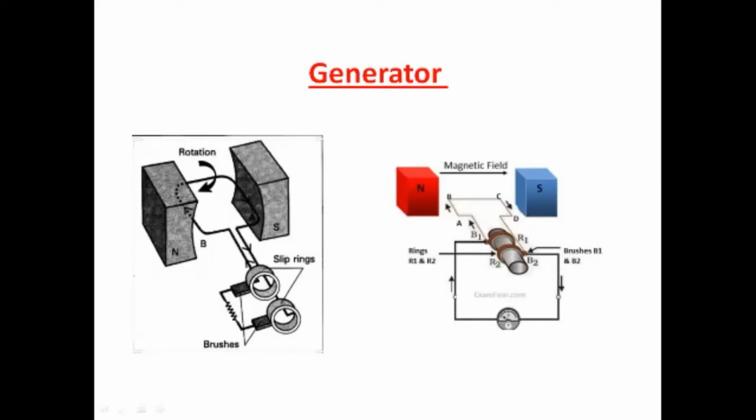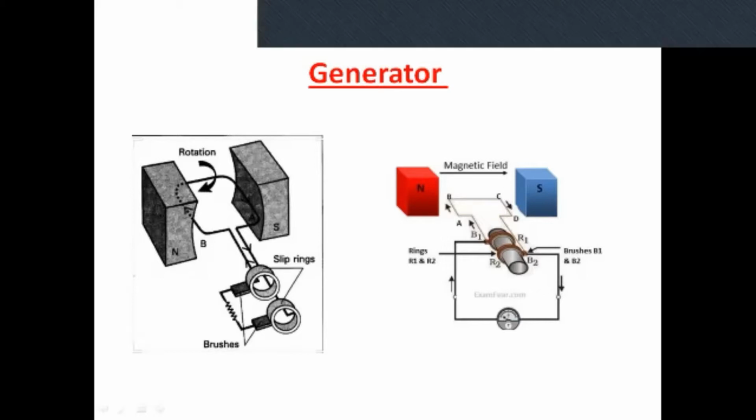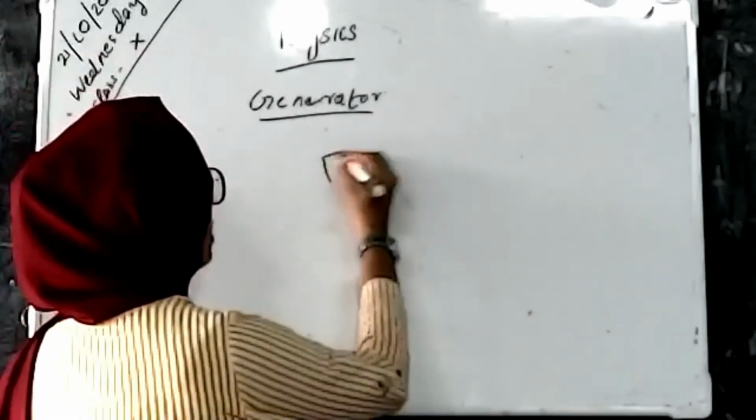That electricity is taken from the slip rings to the brushes, and it goes to the external circuit. The armature coil rotates inside the two magnets, and those two magnets give the magnetic field.